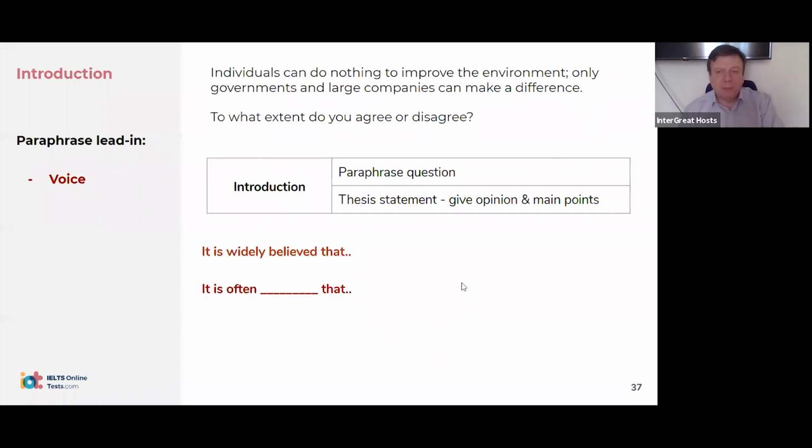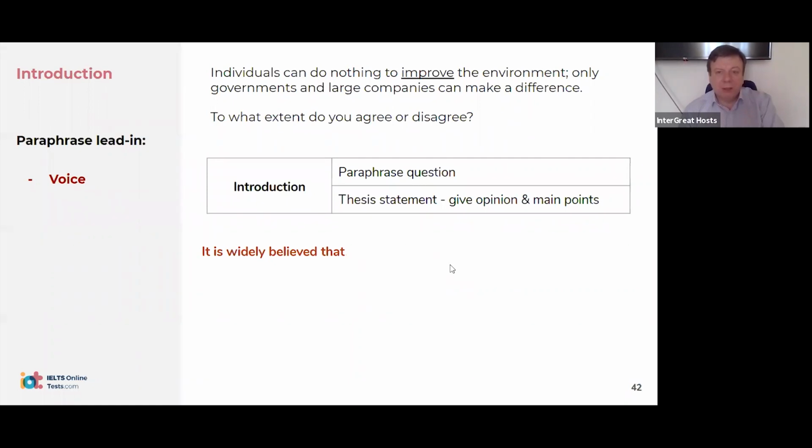Okay, suggestive. And then it's commonly. Okay, good. Everyone's on the right track. So it's commonly argued. So we'll use the top one. It's widely believed that.